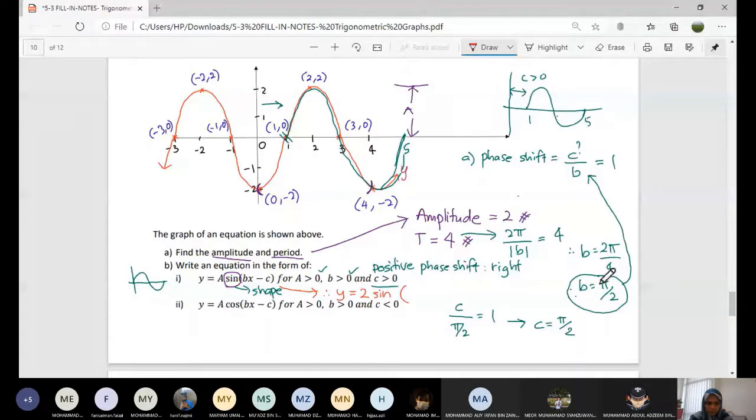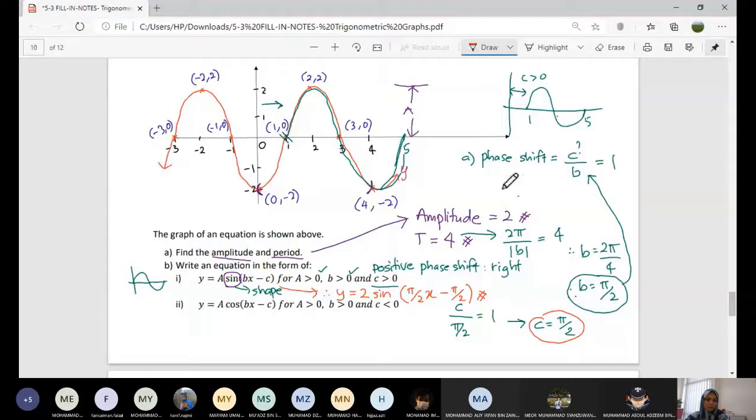The value just now we have pi over 2, and then pi over 2x. Okay, make sure we put x for B, and then minus the value of C. C is also pi over 2. So this is the equation for part 1. y equals to 2 sine pi over 2x minus pi over 2.